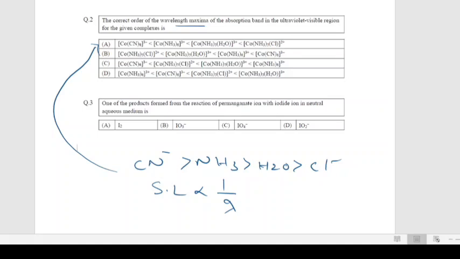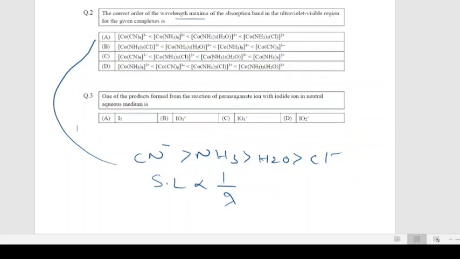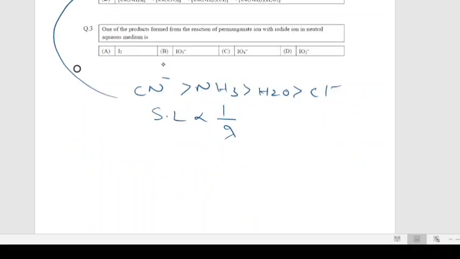Now, let's move to the third one. One of the products formed from the reaction of potassium permanganate with iodide ion in a neutral aqueous medium is. So, if we consider 2 moles of KMnO4 reacting with iodide ion, let us consider potassium iodide, and as it is an aqueous medium, I am going to take H2O.